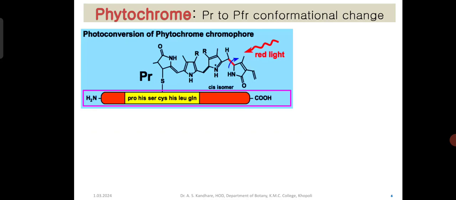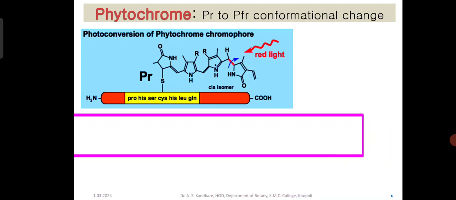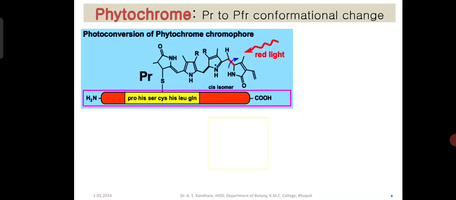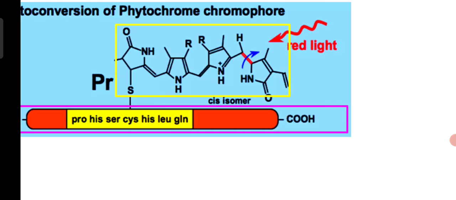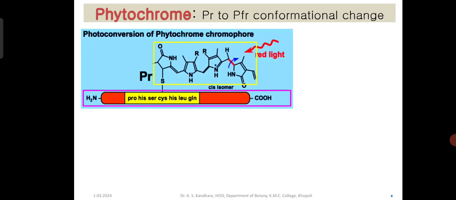This is the protein part that I have highlighted. So here you can see again, this is the protein part and this is the chromophore or the plant pigment part.